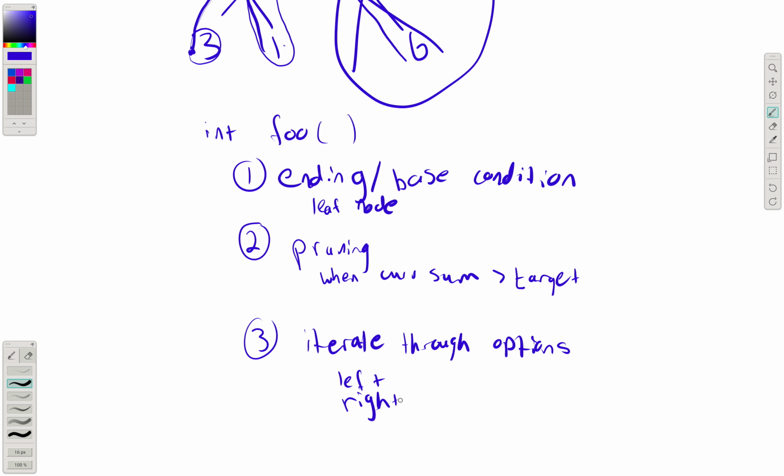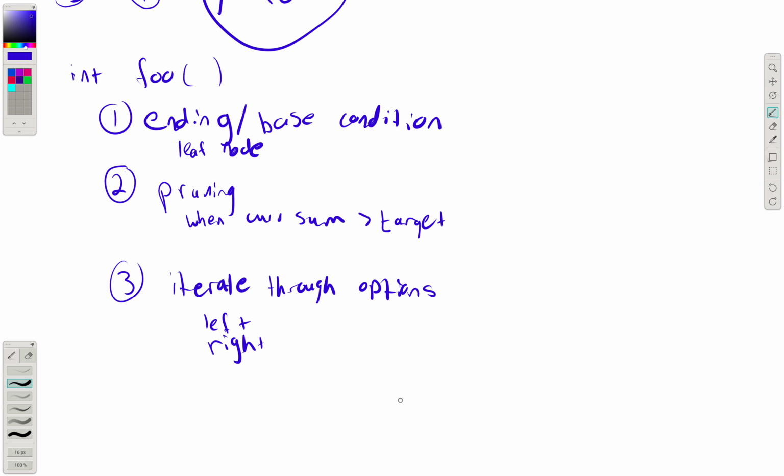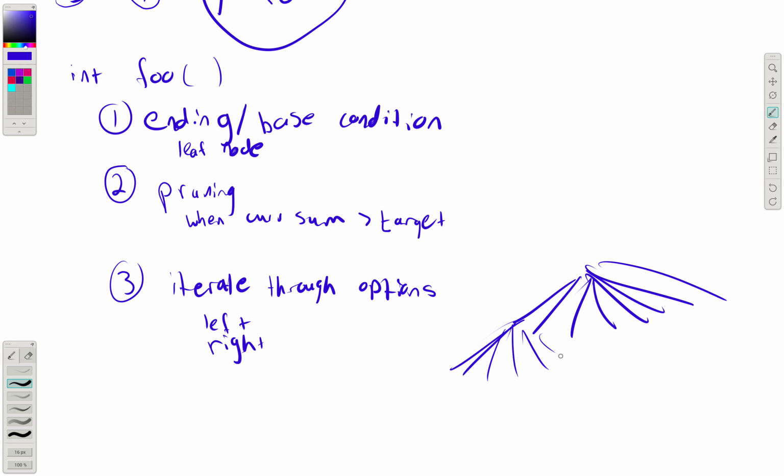We already have this tree set up, and it's a binary tree. Sometimes with depth first search, you have multiple options, and then these have multiple options. But that's not what we have in this case. We just have a nice binary tree, 2 options at most, at each point.